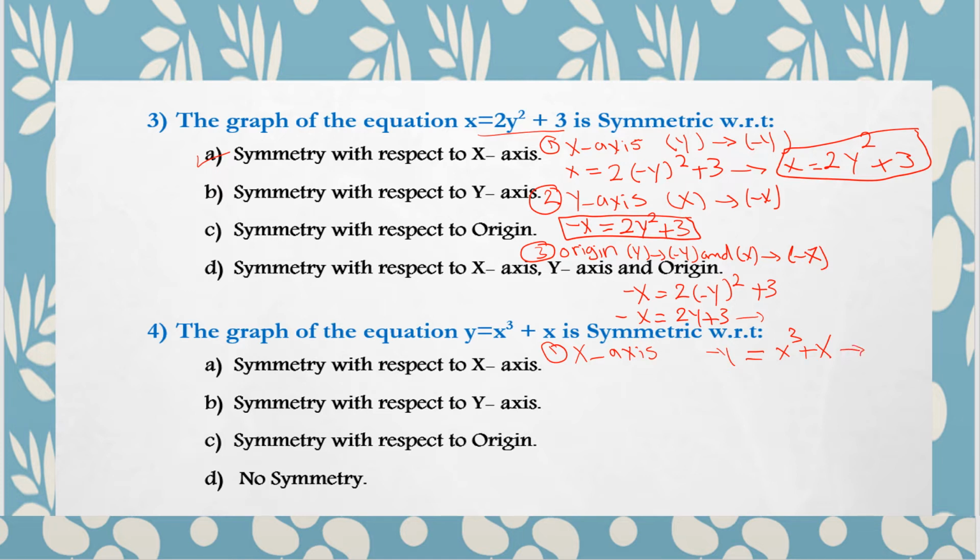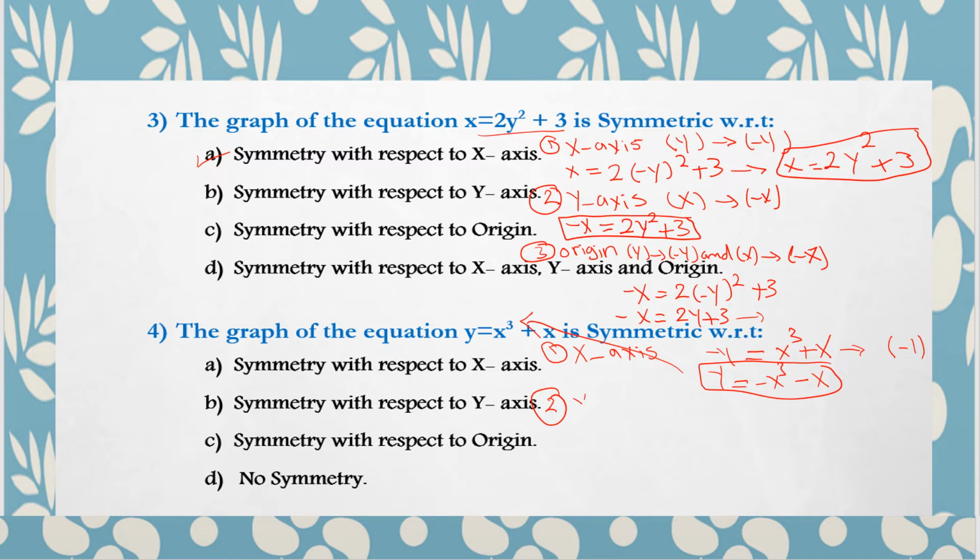So by multiplying both sides by negative 1, we get y equals negative x power 3 minus x, and this is not equivalent to the original equation, so this is not symmetric with respect to the x-axis.